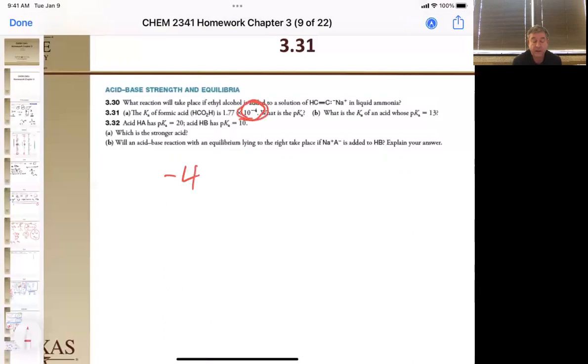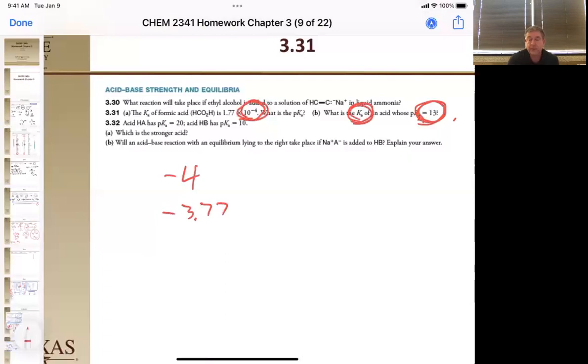If you actually did the calculation on your calculator, it's going to be 3.77. So if we have a pKa of 13, the Ka would be something on the order of 10 to the minus 13, because you take it to that power.